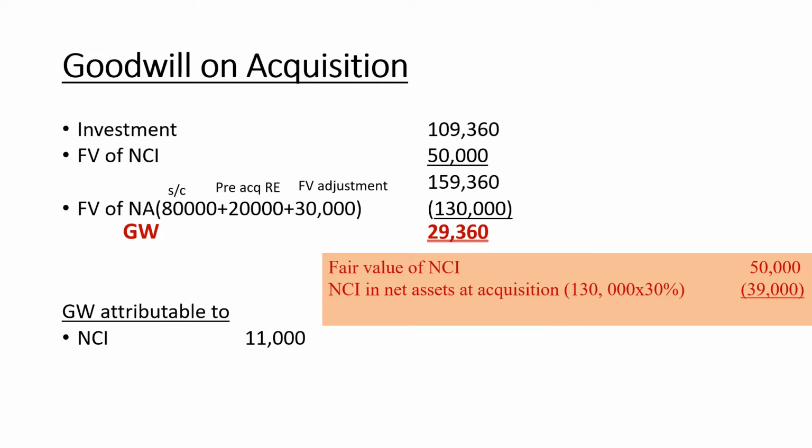That is 130,000 into 30%. The total value is 39,000. So, the goodwill attributable to non-controlling interest is 11,000. When we deduct this value from the total goodwill, we get the parent's portion of 18,360.